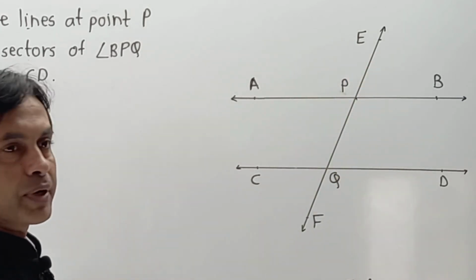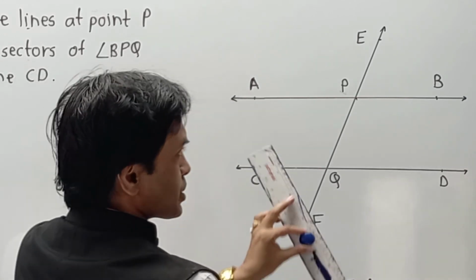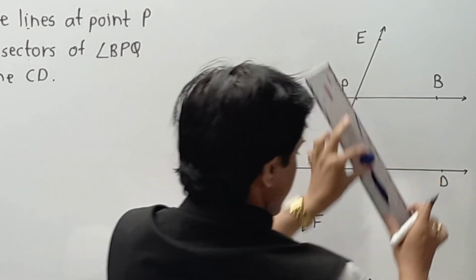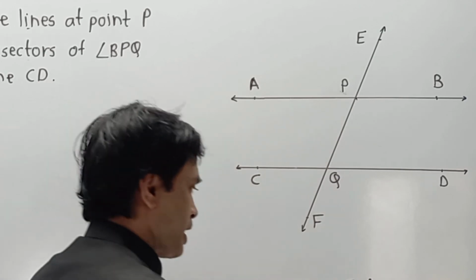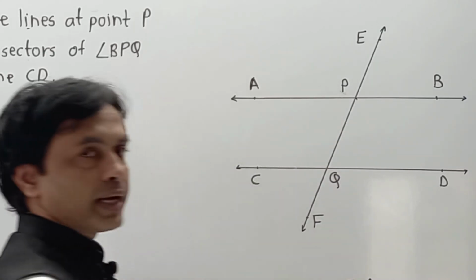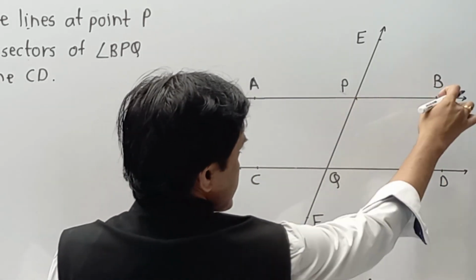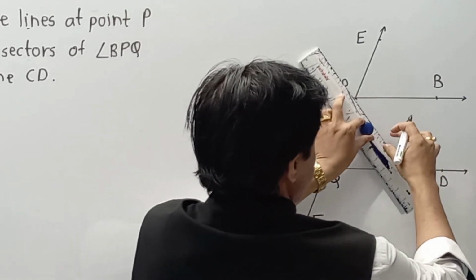Next, as per the given part, ray PR and ray QS are bisectors. Try to understand ray PR: this is the same structure I have drawn over here. Ray PR is a bisector of this angle.